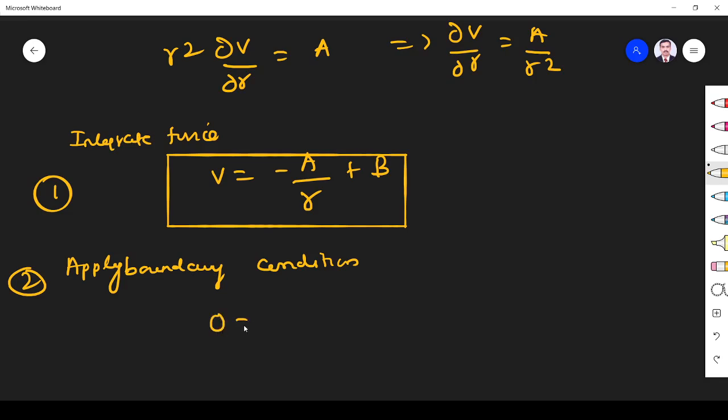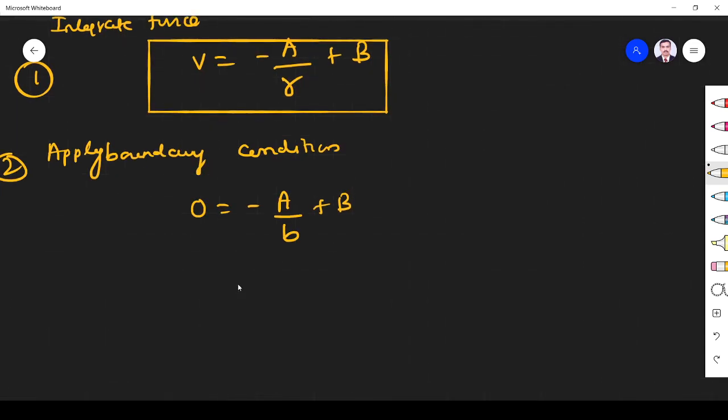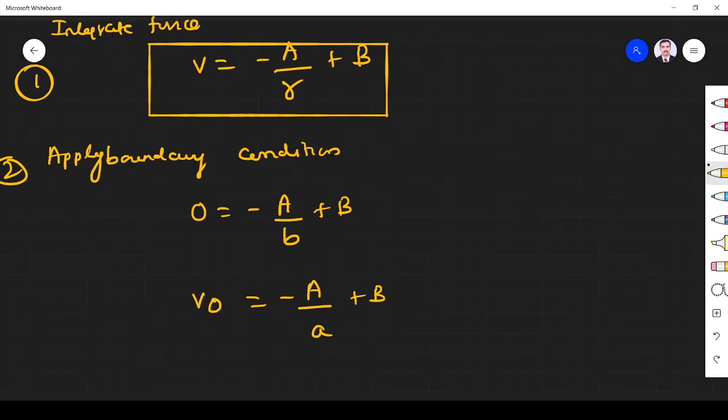When r is equal to b, V is equal to 0, so 0 is equal to minus a by b plus b. This is one equation. At r is equal to a, V is equal to V naught, so when I substitute r is equal to a, V naught is equal to minus a by a plus b.